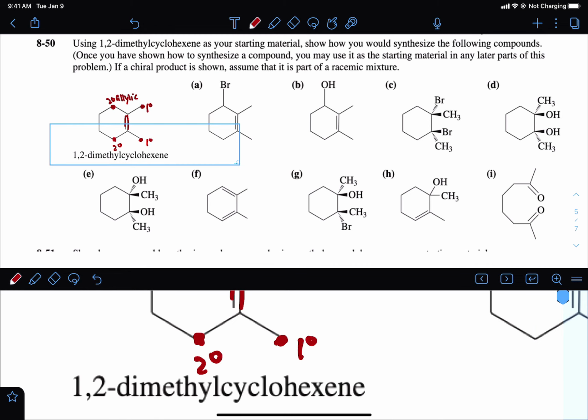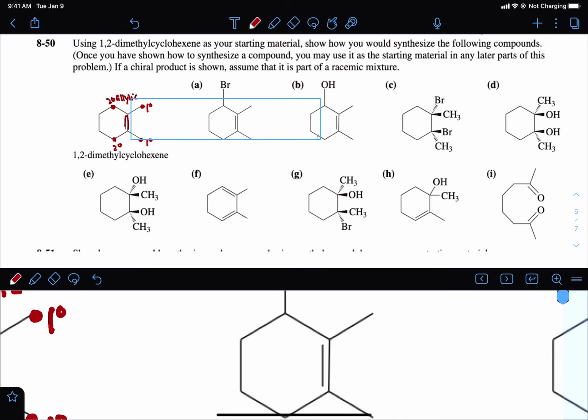And it turns out that in a free radical halogenation with Br2 and light, the allylic positions are favored. So that's exactly what we want in this first step.